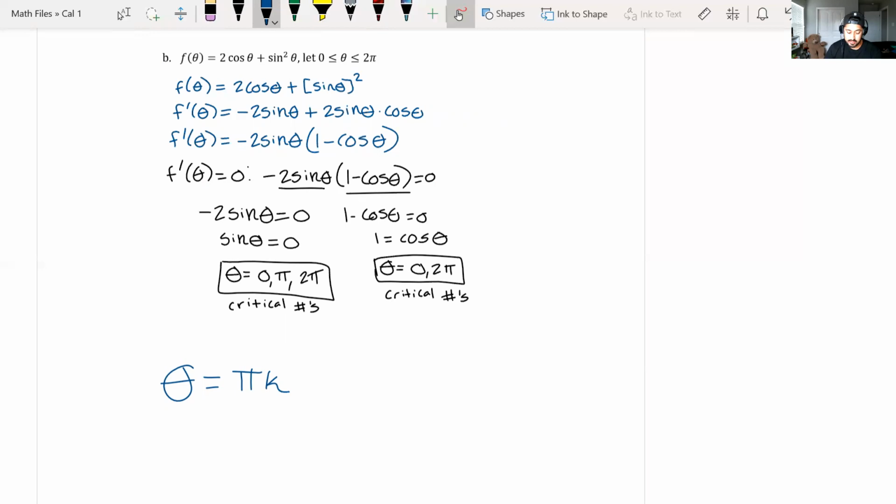Okay. And the same for cosine. It happens every 0 and 2 pi. So for cosine, it would have to be 2 pi k, where k is only even integers. So here, k has to be even.